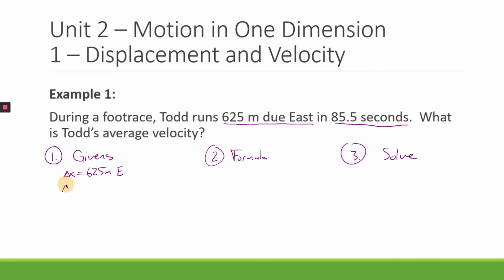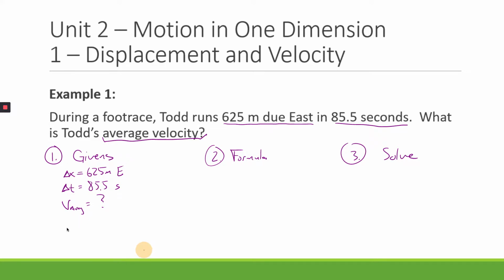That's our time. And the last thing that you also want to include is what you're looking for. So we are looking for V average. That's our unknown. You want to identify that within your givens. This is the hard part. If you can get good at listing givens, you will do very well in this class. This is the hard part.